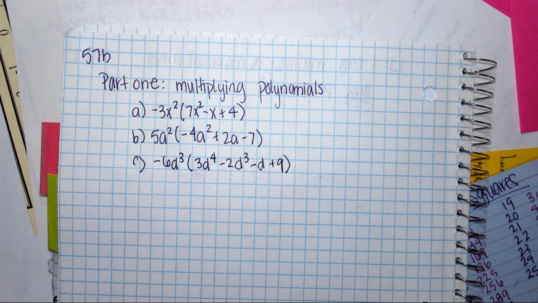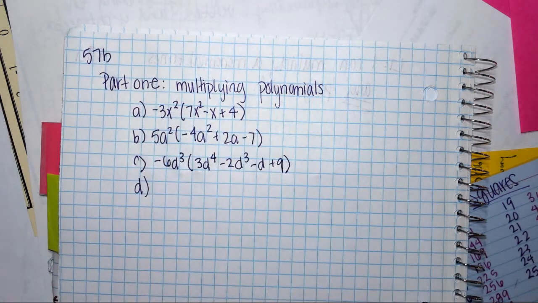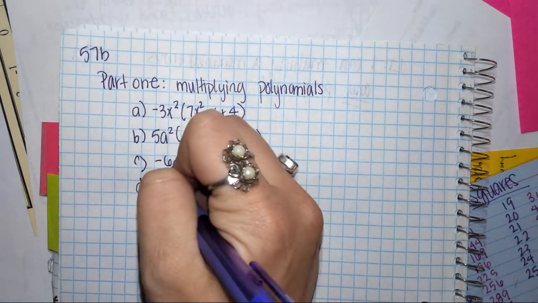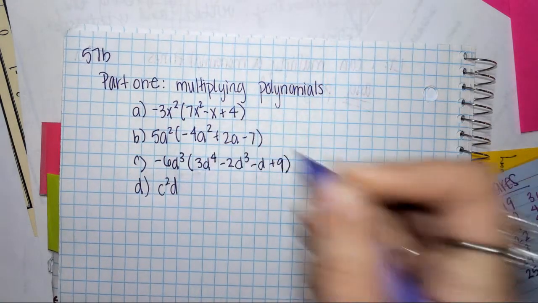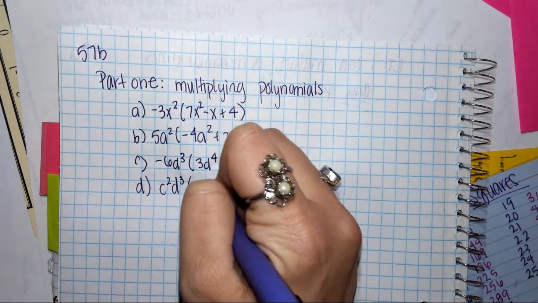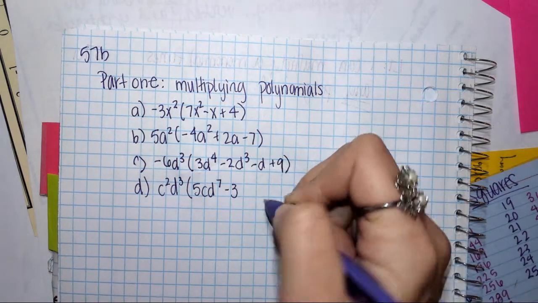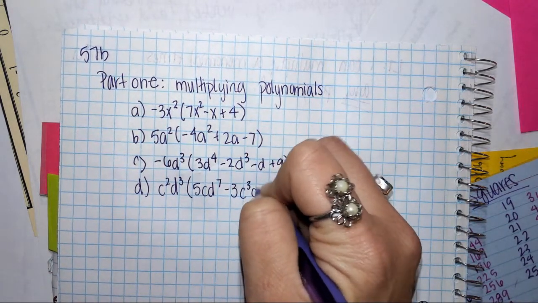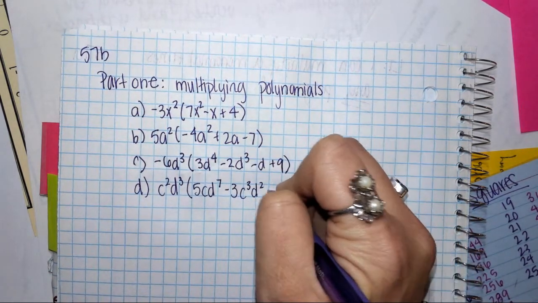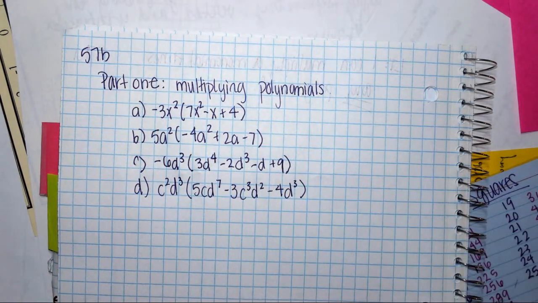And uno más. Oh, this is a good one. Okay. C squared D cubed times. Alright, so that's part 1.